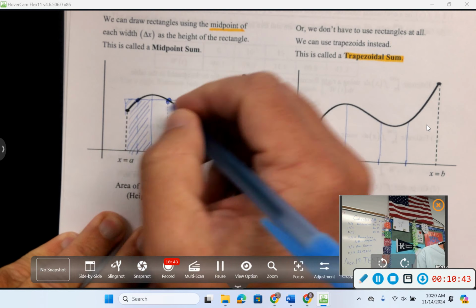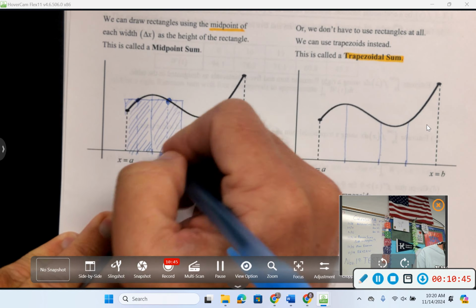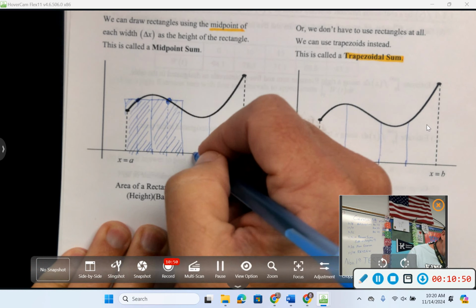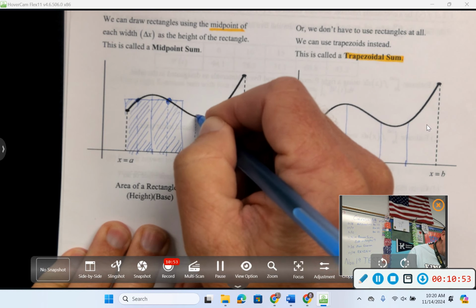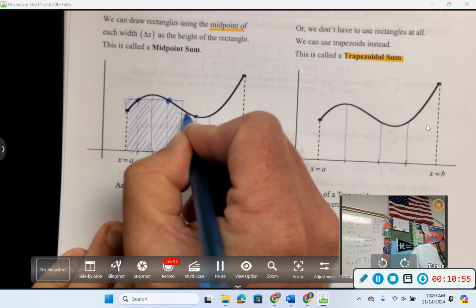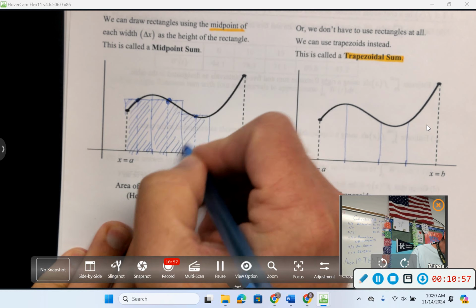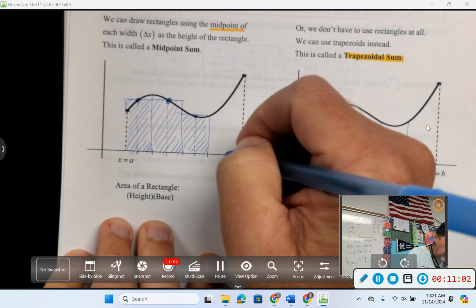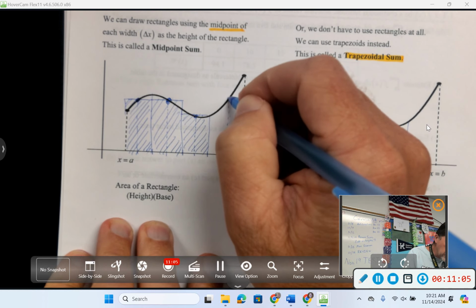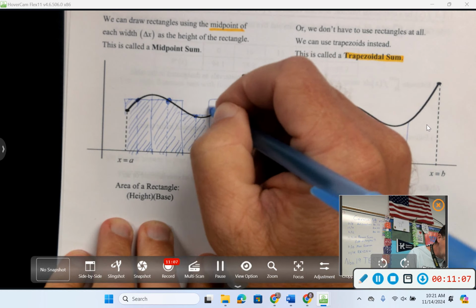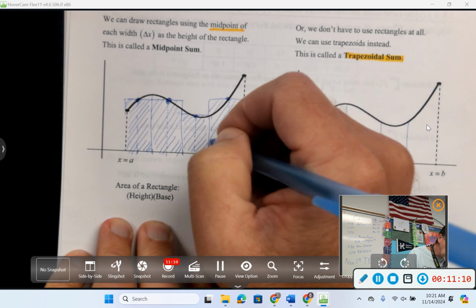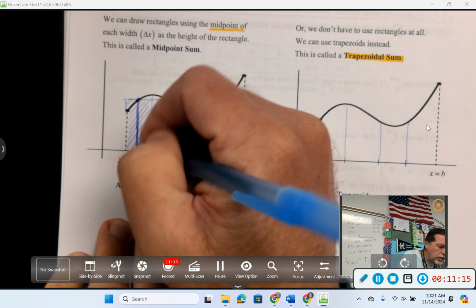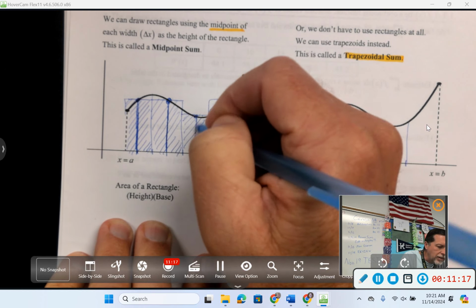So we make a rectangle with that height. Third rectangle, find the midpoint, go up to the height. Fourth rectangle, again, go up to the height at the midpoint. So for that one, the heights we use were the midpoints of the widths.